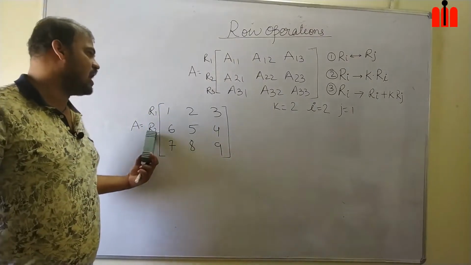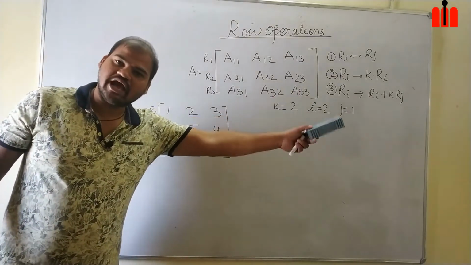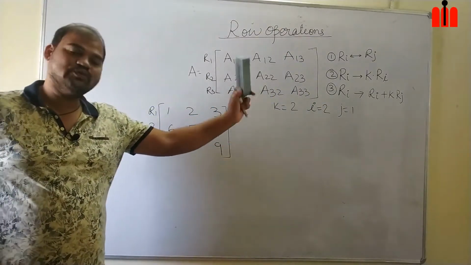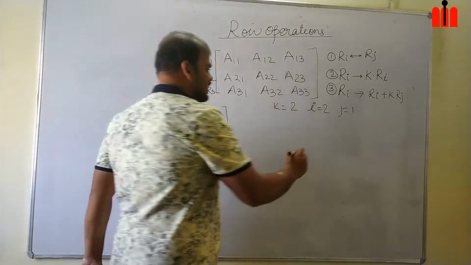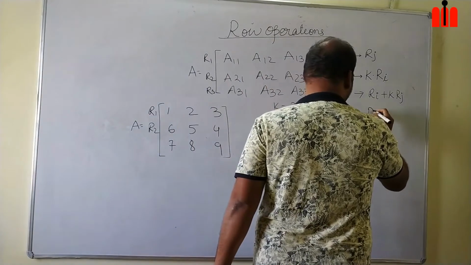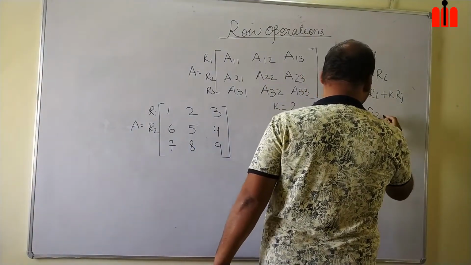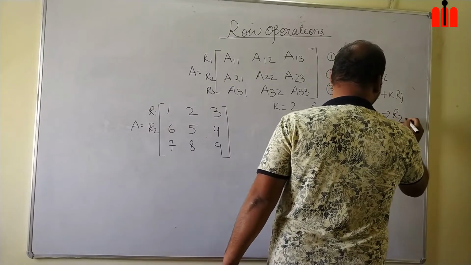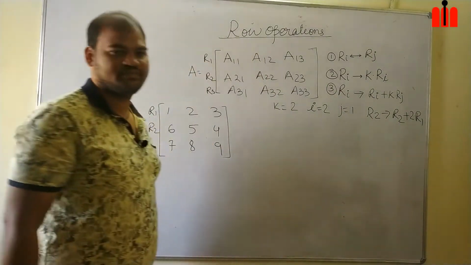That means R2 tends to R2 plus 2R1. So for this problem it will become R2 tends to R2 plus 2 into R1.